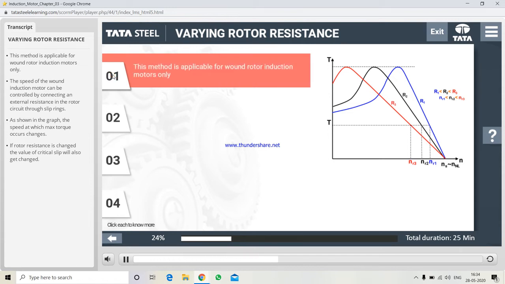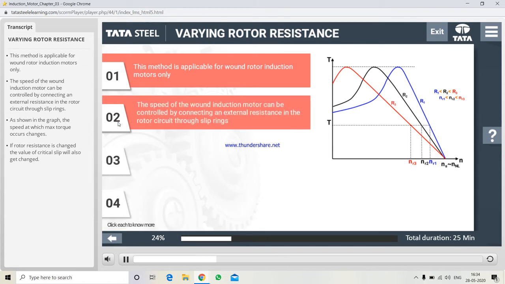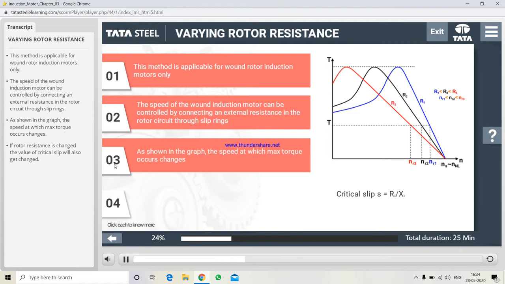This method is applicable for wound rotor induction motors only. The speed of the wound induction motor can be controlled by connecting an external resistance in the rotor circuit through slip rings. As shown in the graph, the speed at which max torque occurs changes.